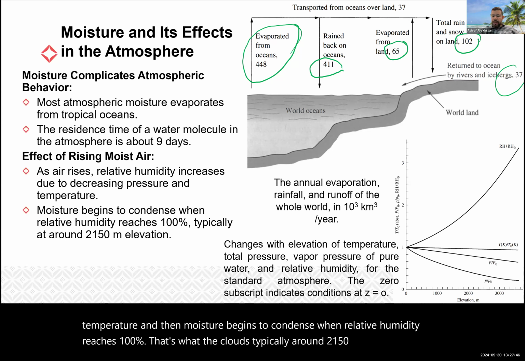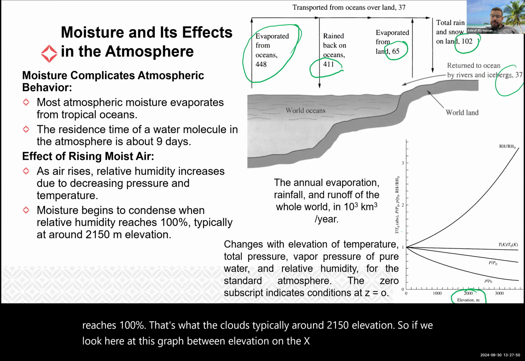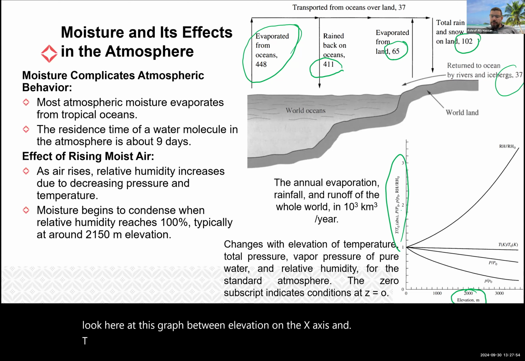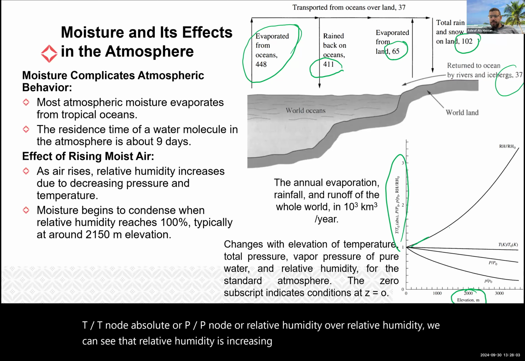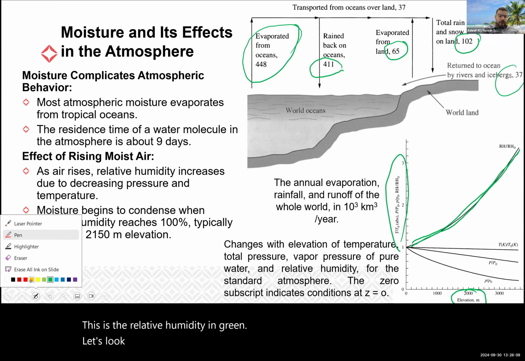So if you look here at this graph between elevation on the x-axis and T over T node absolute, or P over P node, or relative humidity over relative humidity node, we can see that relative humidity is increasing as we are increasing the elevation. This is the relative humidity in green. Let's look at the different color, the red.